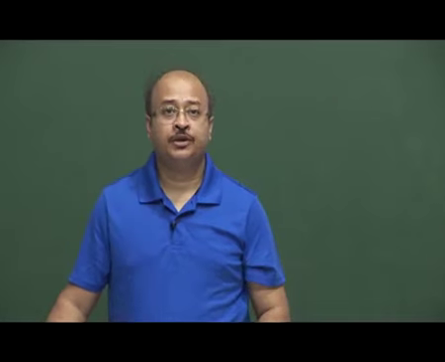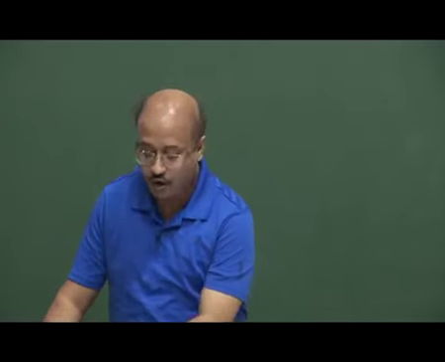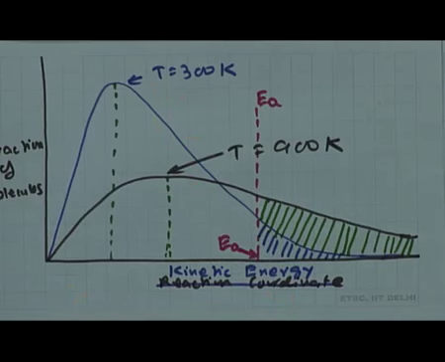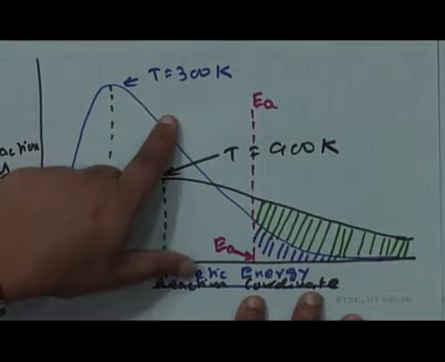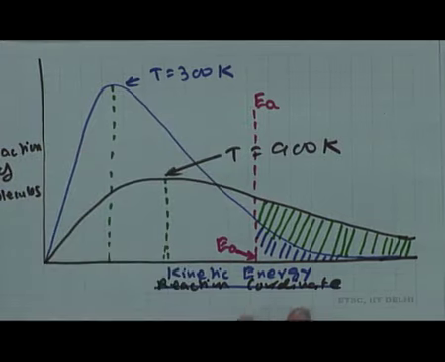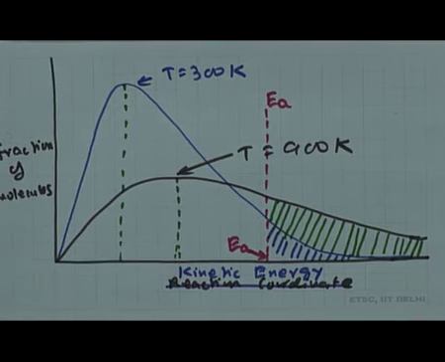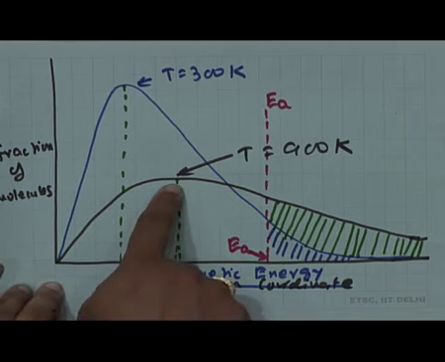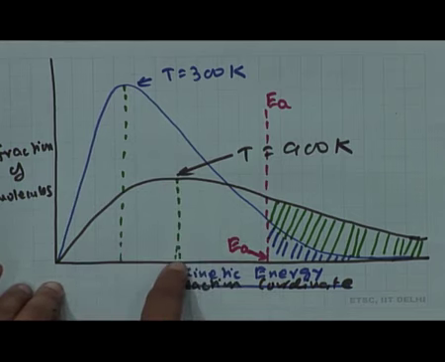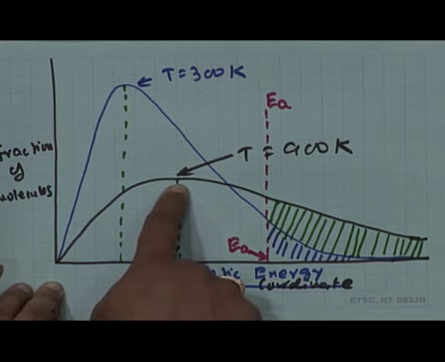It immediately tells you that when I have increased my temperature, the fraction of molecules having energy greater than EA has also increased correspondingly. The few points to remember from this discussion: when I raise my temperature from 300 to 900 Kelvin, my distribution becomes broad, and along with that there is a shift of the peak value, the most probable value of kinetic energy, to a higher value.